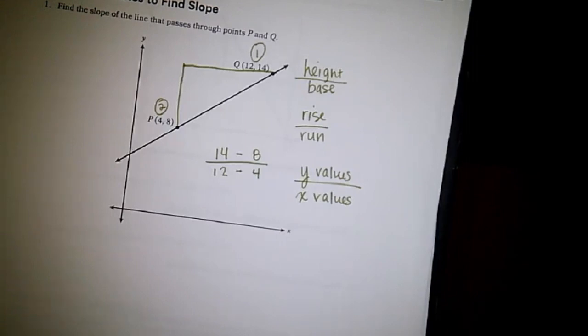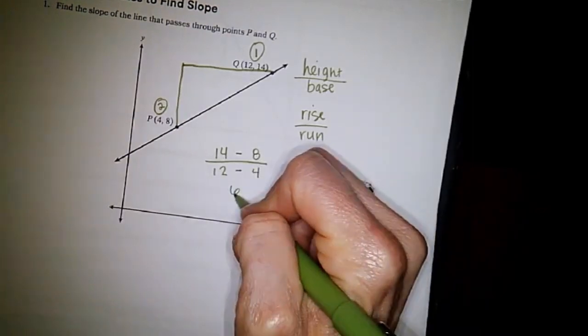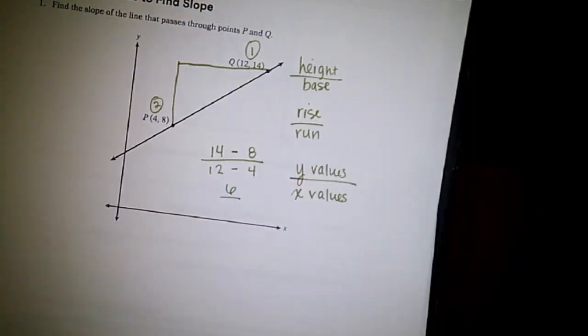What did I add? Subtraction. Wow. Ready? What's 14 minus 8? 6. 12 minus 4.